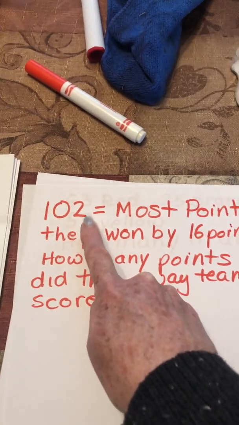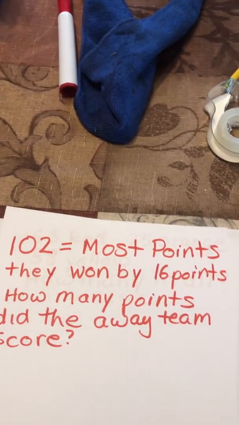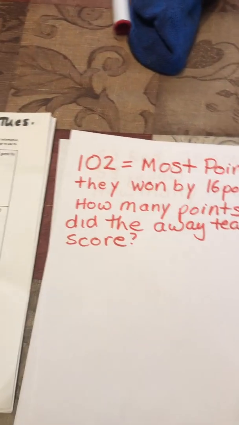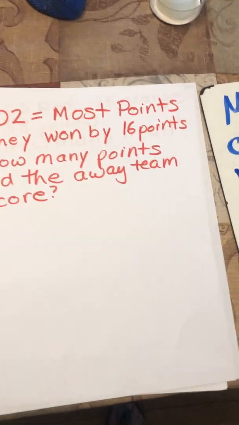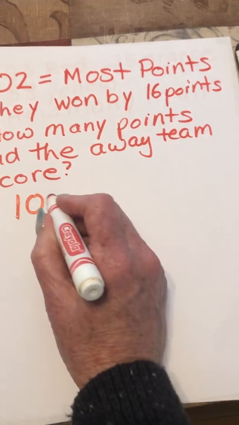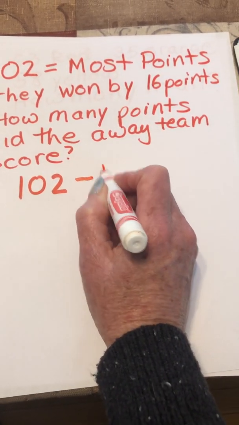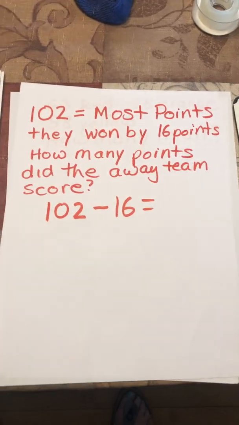We know the home team scored 102. And how many points did the away team score? So I'm going to give you a second. So if you said 102 minus 16, that is absolutely correct.